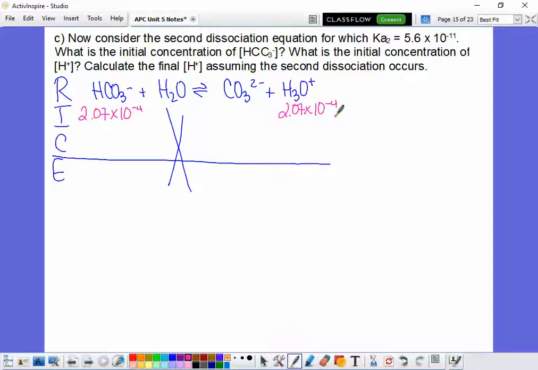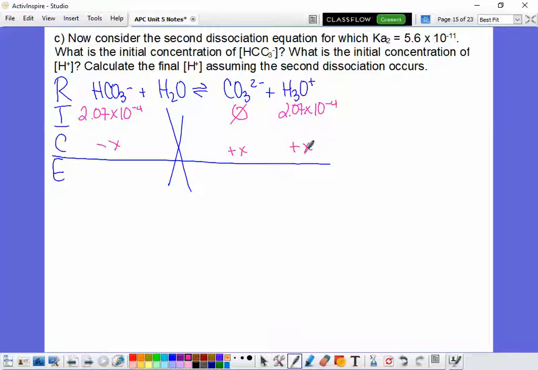See how that works? What's my initial concentration of CO3 2 minus? 0. That's still 0. So what will my changes be? This one's still going to have to go down. These are going to have to go up. Why am I still proceeding towards the right? Because we have none of the CO3 2 minus.